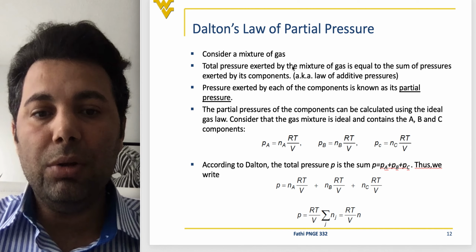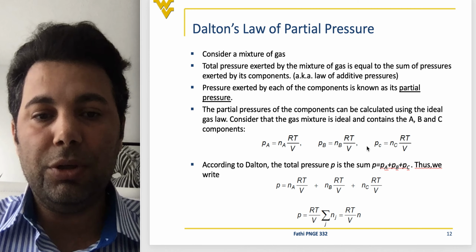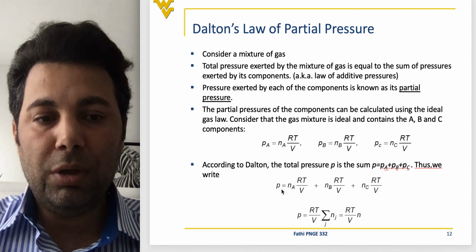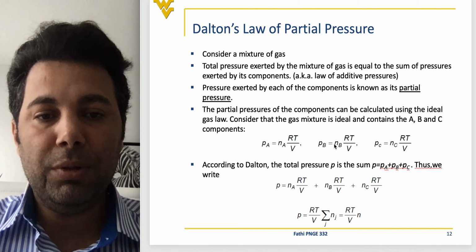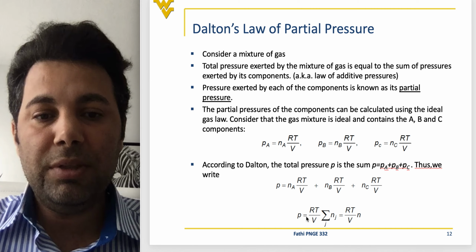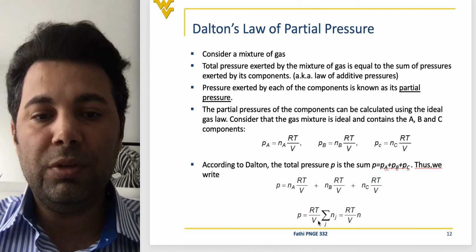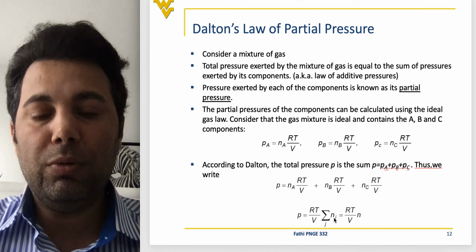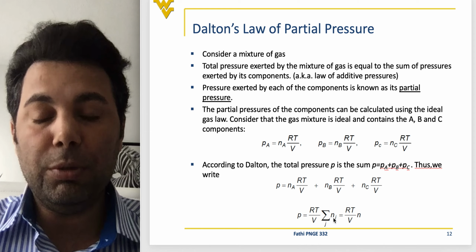Based on Dalton's law, the total pressure is the summation of all the partial pressures. So the total pressure P is equal to PA plus PB plus PC, and in all of these, RT over V is constant, so I can factor RT over V out. So P becomes equal to RT over V times the summation of the number of moles.